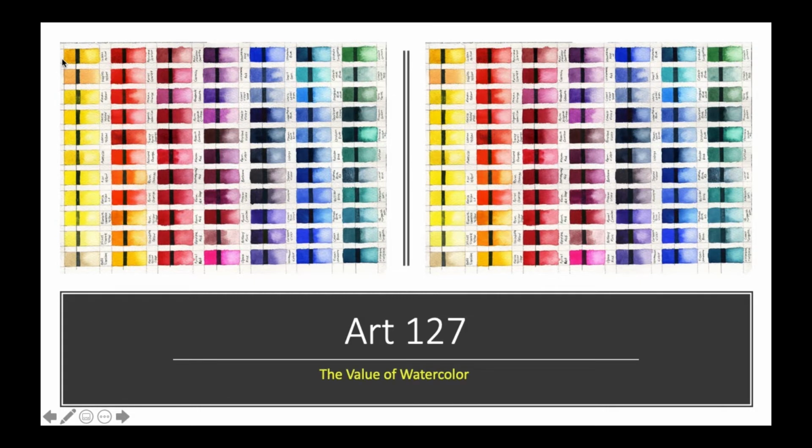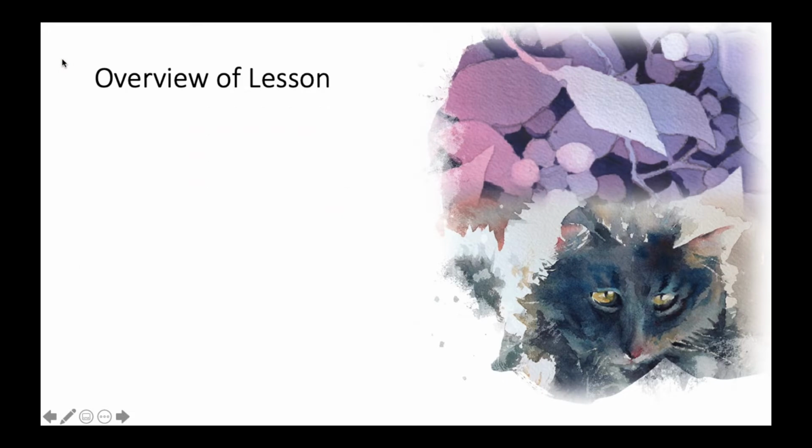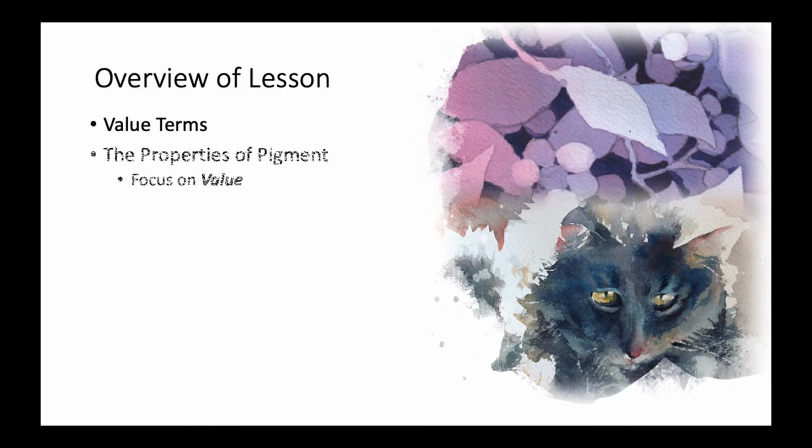This video lecture will be on the value of watercolor. It's lesson number 2 in the series. So what we'll cover this time is value terms. We'll talk about the properties of pigment, and again we're focusing on value this time. We'll give you some more general terms to be familiar with.